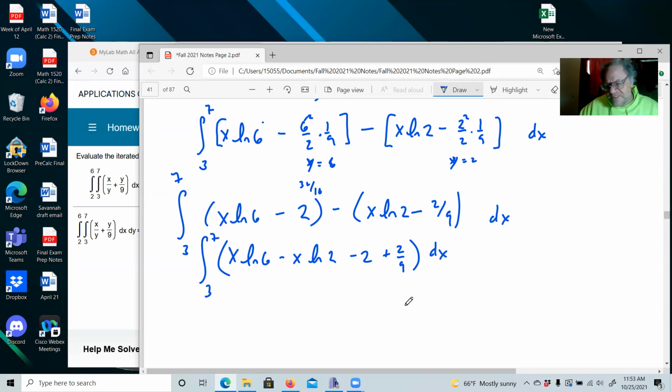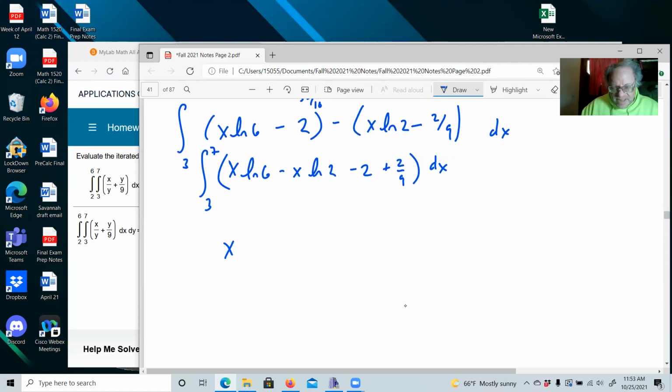Let's pull an x out of here. We have x times ln 6 minus ln 2 minus, let's call this 18 ninths. So minus 18 ninths plus 2 ninths, because now we have common denominators, and we're going to add these. dx, integral 3 to 7.